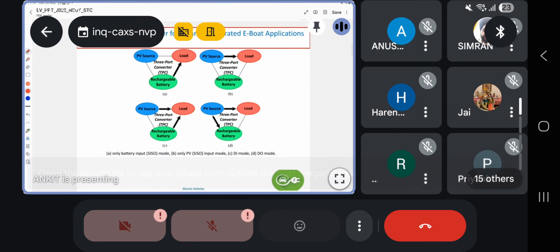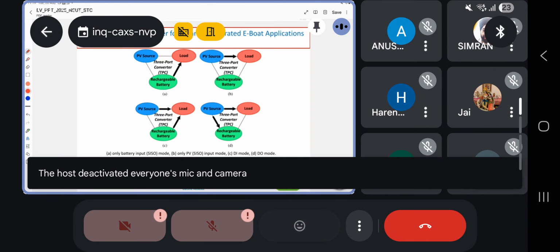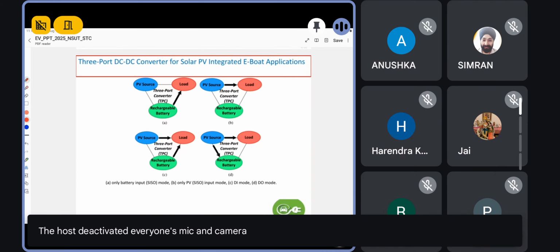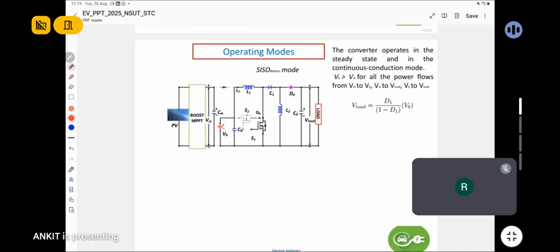So this is a graphical representation, a schematic representation of the three-port operation. In SISO battery mode, a single battery is providing power to the load. Single input, single output. The converter behaves as a SEPIC converter.